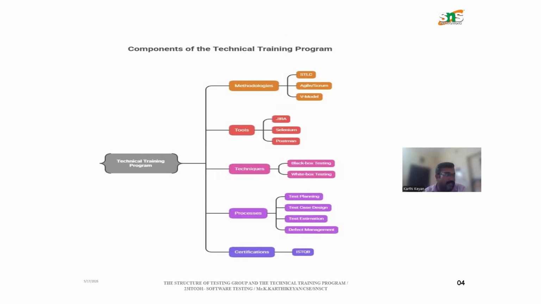Process covers test planning, test case design, test estimation, and defect management. Certification is ISTQB. This function has five phases: requirement, design, implementation, testing, and maintenance. This process is very easy to implement in industries.